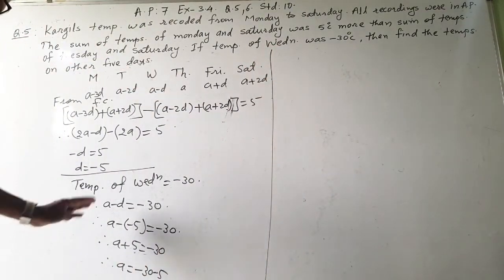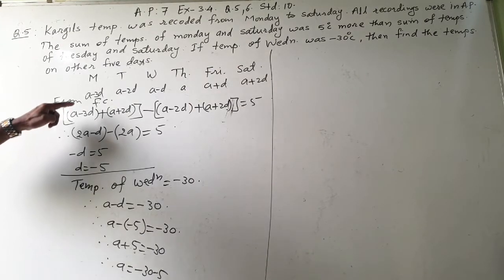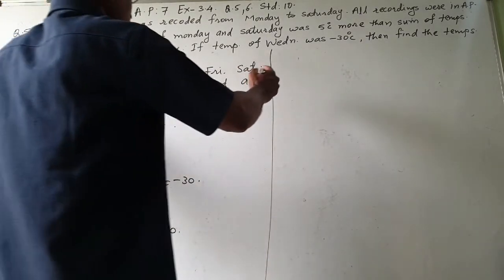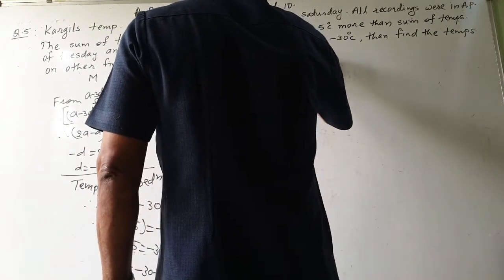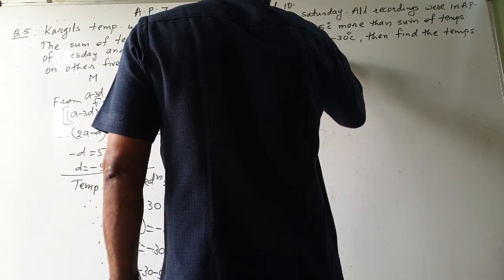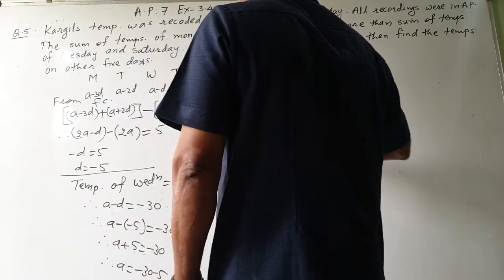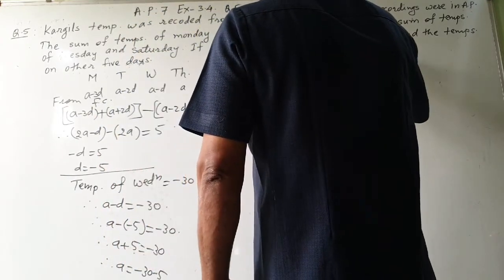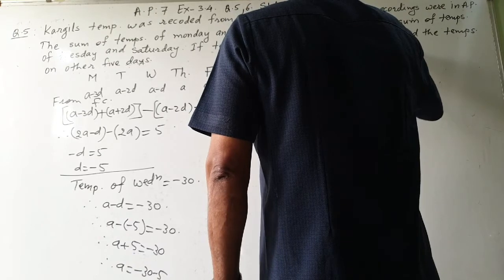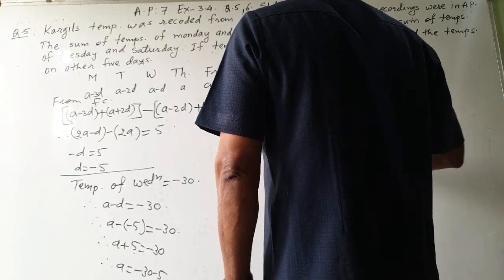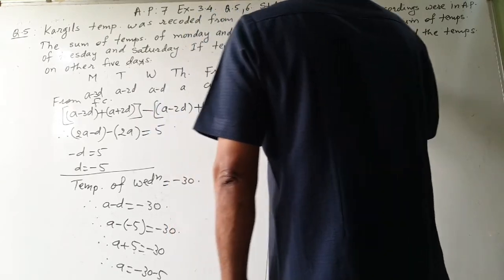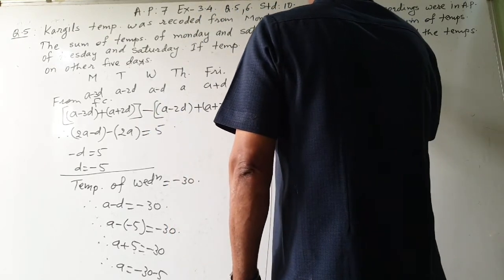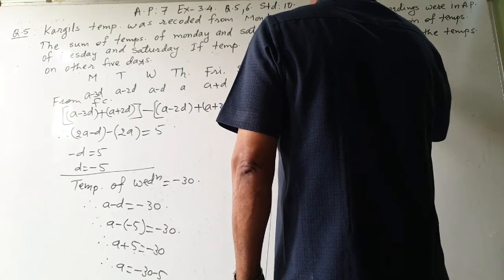So, temperature of Wednesday is what? Monday now. Monday temperature, what is it? A minus 3D. A minus 3 into D, equal to, temperature on Monday equal to A minus 3D.